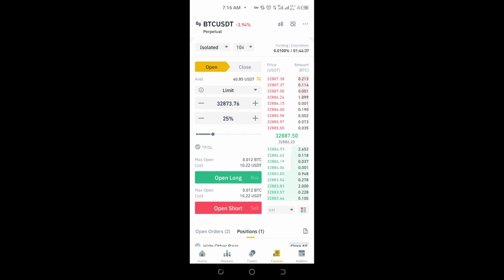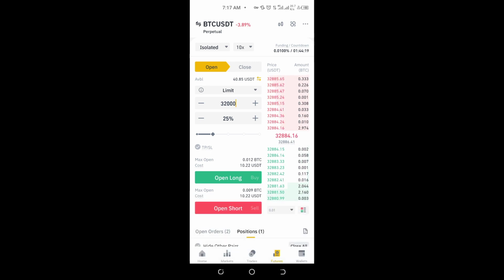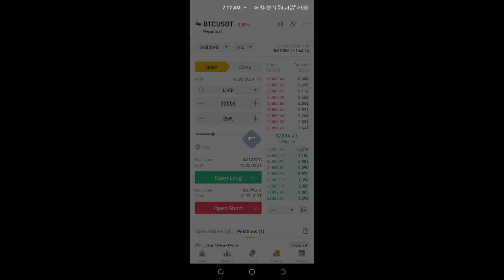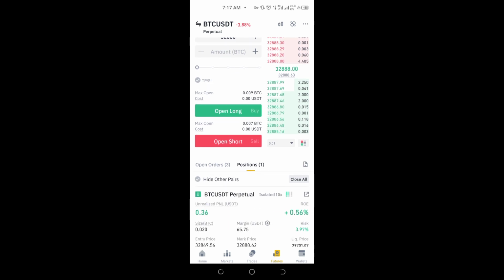Okay, the current market price is at 32,884. Let's say we want that at the price of 32,000. At the price of 32,000, we should be able to buy. So when we take long, we open, it comes as a pending order.